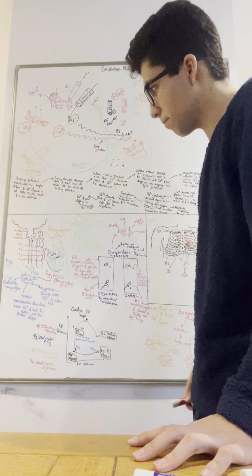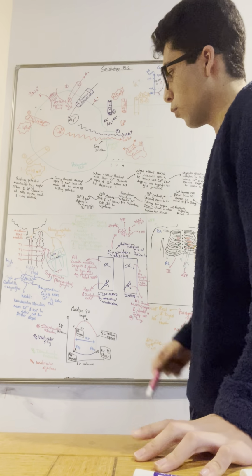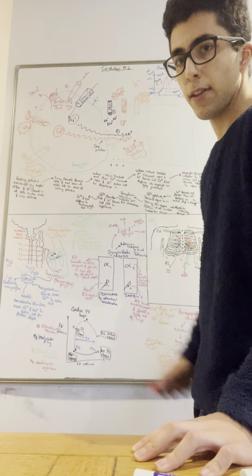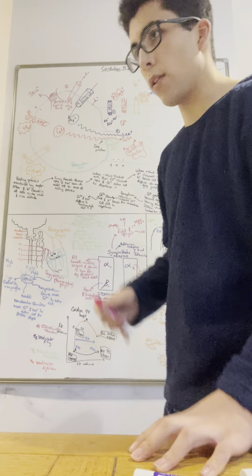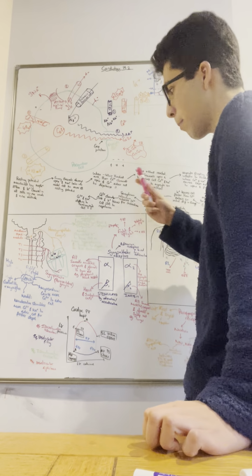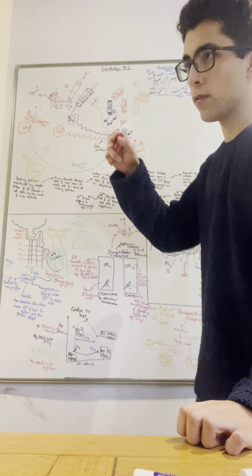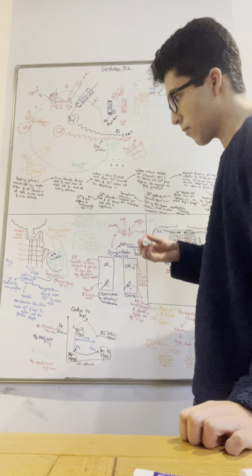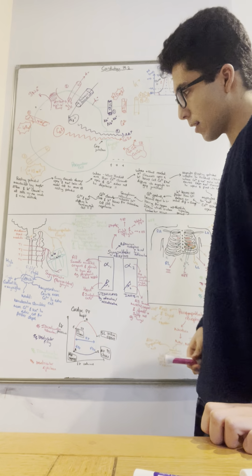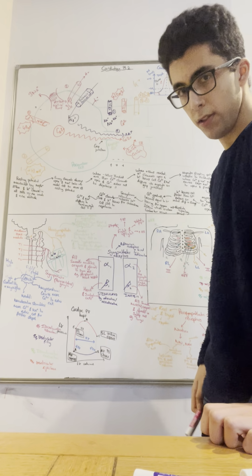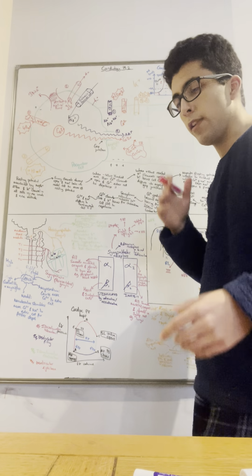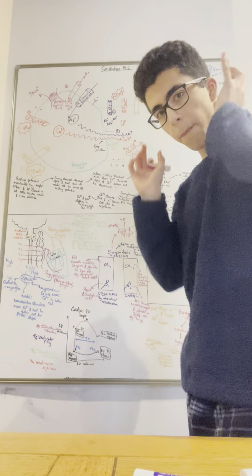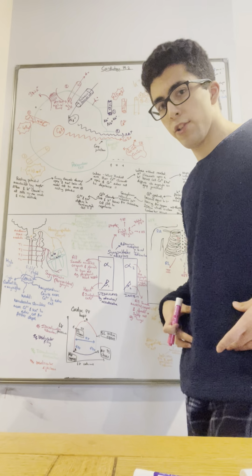In our heart, our parasympathetic nervous system can affect it as well. So we said our sympathetic will increase our heart rate, our parasympathetic will reduce the heart rate, okay? So our parasympathetic nervous system, that comes out from our craniosacral regions, so our cranial nerves and our sacral region, okay?